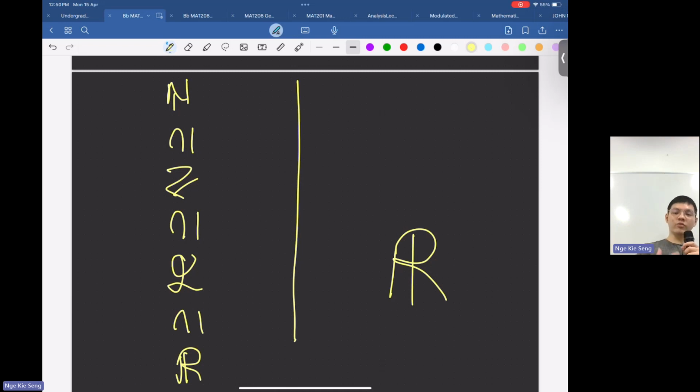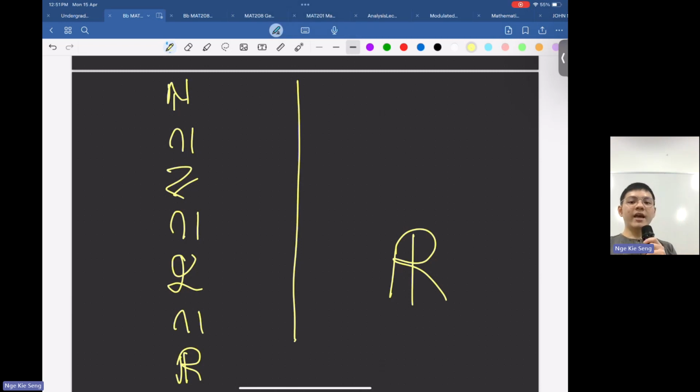Next, I will prove square root 2 exists. Okay, there's a real number which is called square root 2. And then I will show something about the least upper bound property, and then the Archimedean property, and then density of rational and irrational. So this chapter will stop at density of rational and irrational.